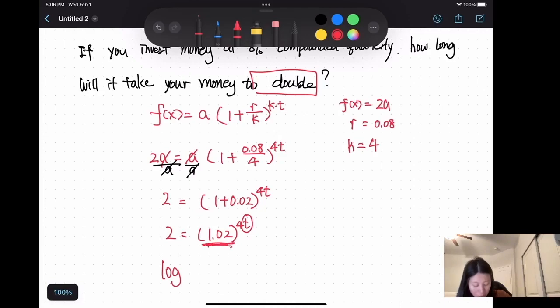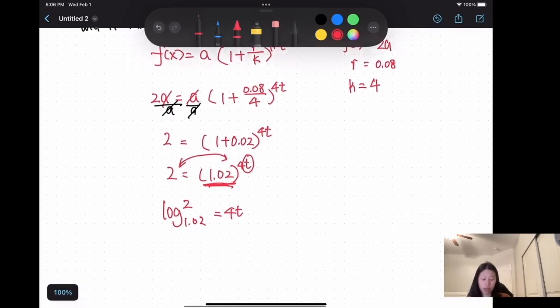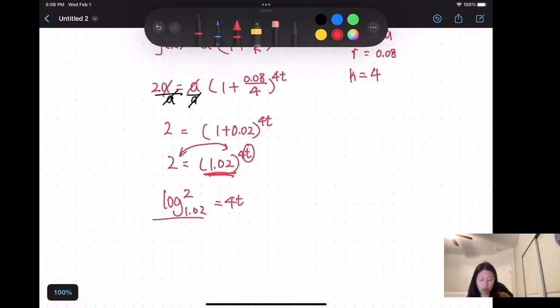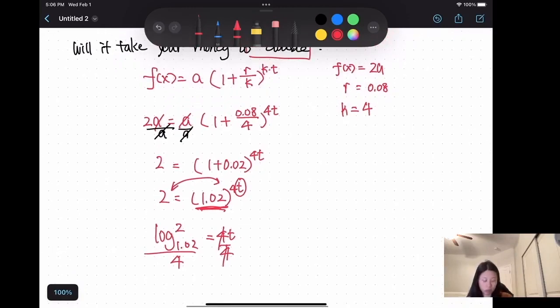So the base should be the same base as the exponential function, which is 1.02, and then you swap these two. So you have log base 1.02 of 2 equals 4t, and then you divide by 4 on both sides. So that means your t equals log base 1.02 of 2, over 4.